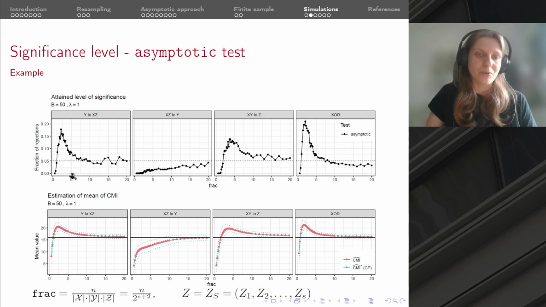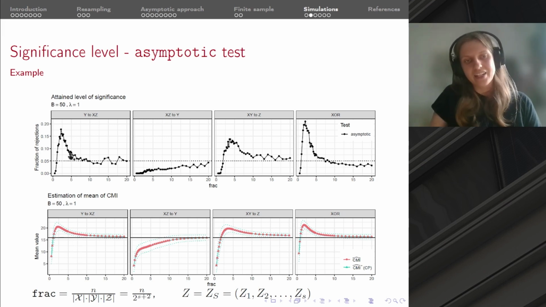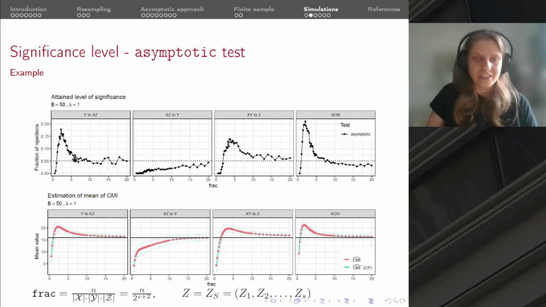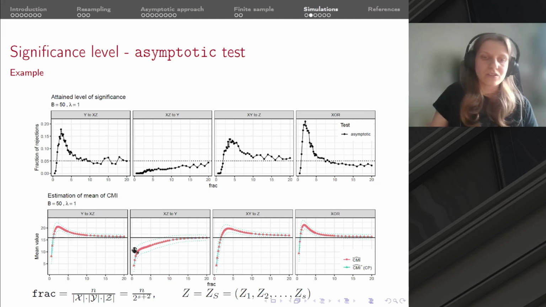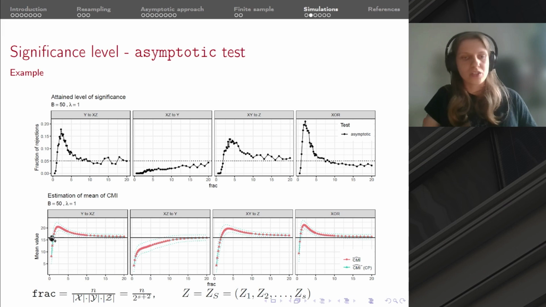So here's that 5 observations per distinct value in our data set. And you can see that even for 5 observations per cell in the table, the significance level is exceeded. And this is because the number of degrees of freedom doesn't change. Even for small sample sizes, we use the same distribution, which is the asymptotic distribution.